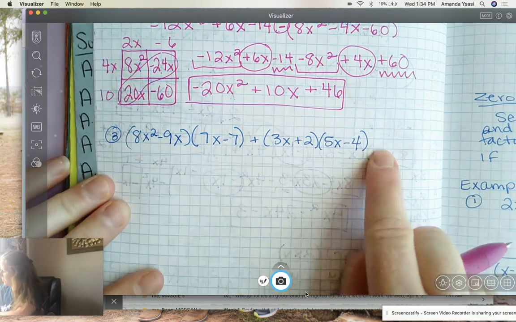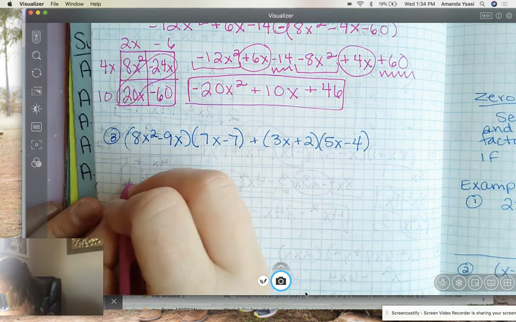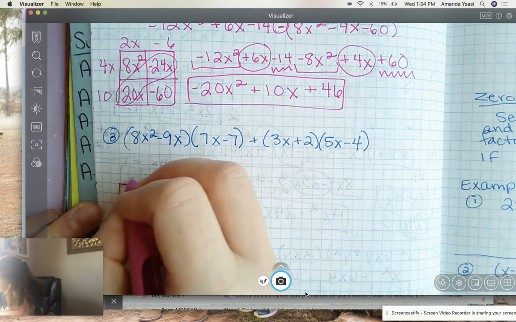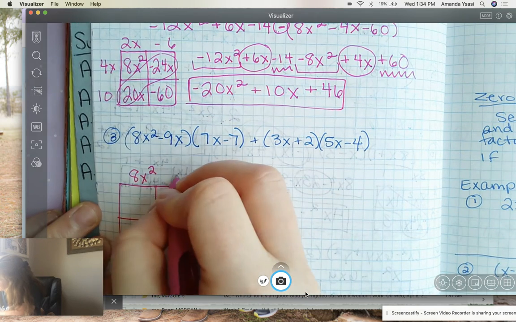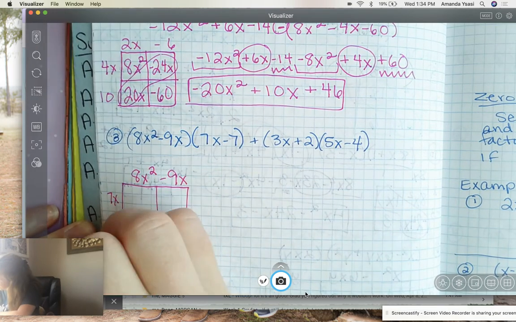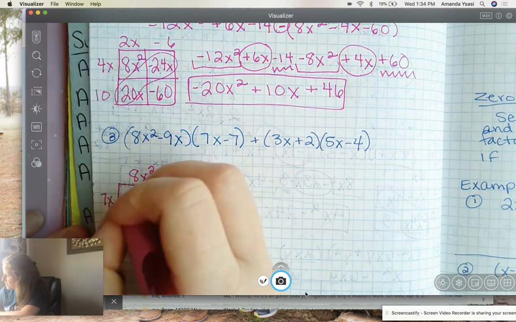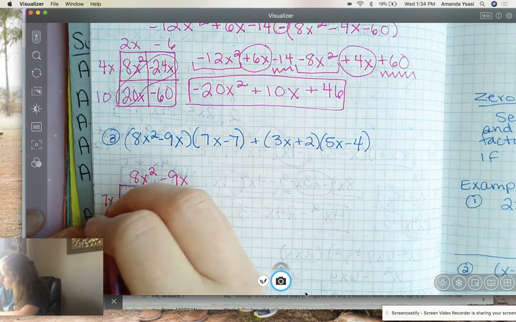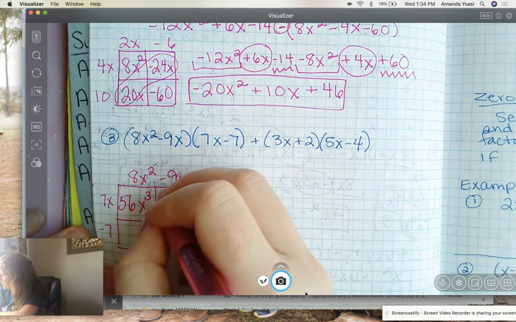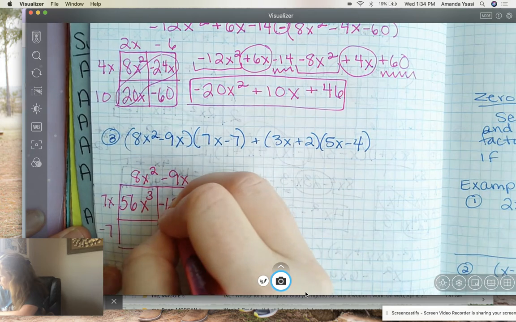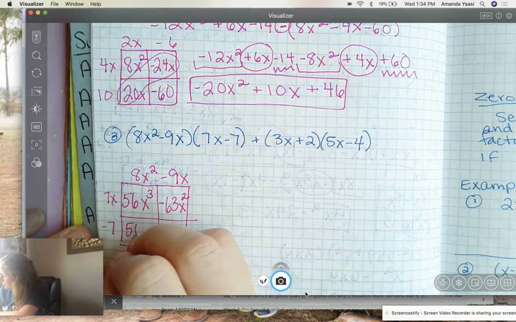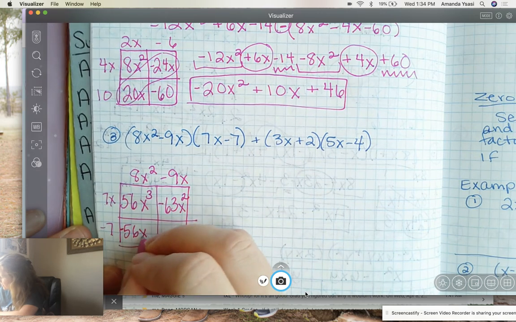Looks like we have 2 sets that need to be multiplied. So I need to make 2 boxes before I even go anywhere else. So 8x squared, 9x, minus 9x, and then 7x minus 7. So 8 times 7 is 56. X squared and x cubed. 7 times a negative 9 is negative 63x squared. Negative 7 and positive 8 is negative 56x squared.